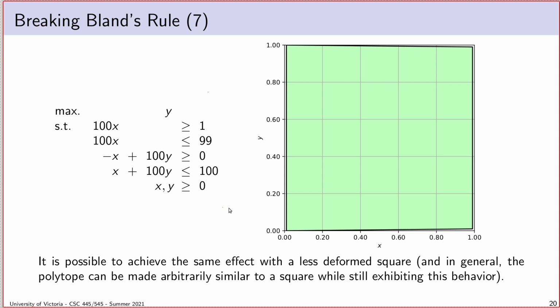It's twisted just a bit. You can see that here the initial feasible solution isn't quite 0, 0. Here, the vertex is a little bit off the x-axis. And similarly, up here, the optimal solution is just a little bit off of 0, 1. But by using larger and larger numbers here, I can make this look as close as I want to an actual square.